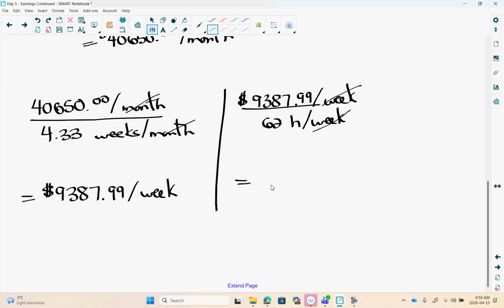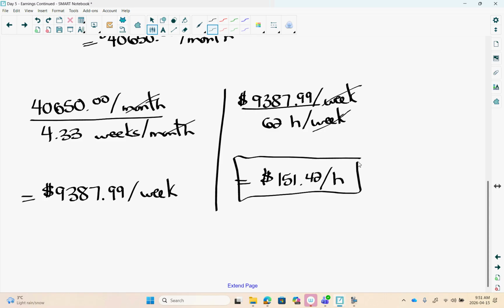She's making roughly, or approximately, $151.42 per what? Hour. Smokes. Jennifer's making bank. She's making 10 times the minimum wage here in New Brunswick.